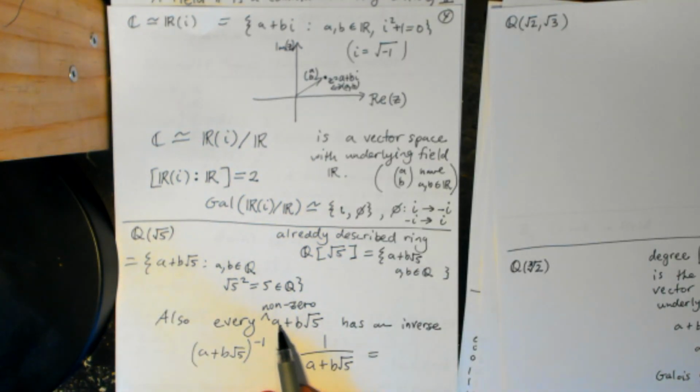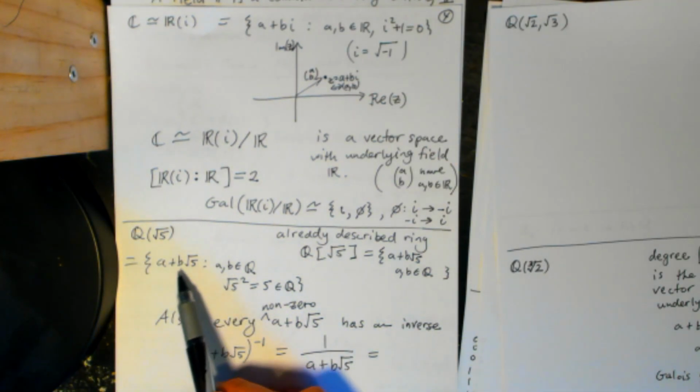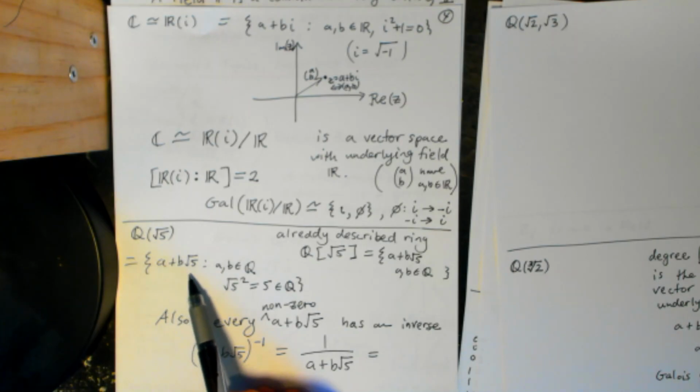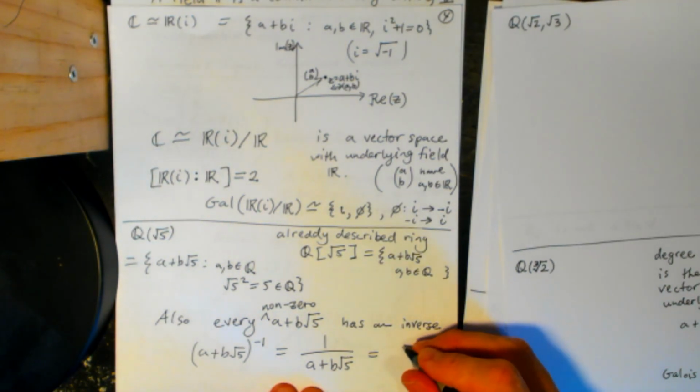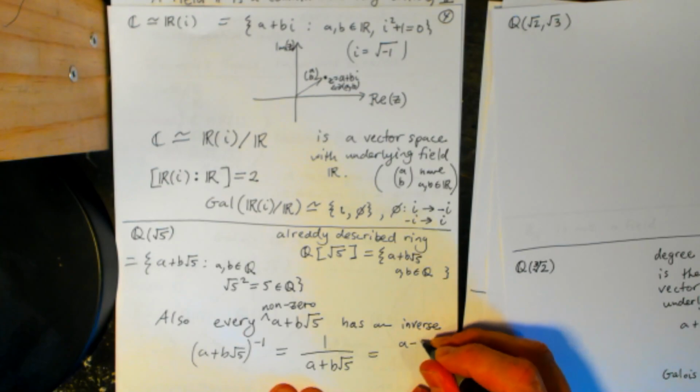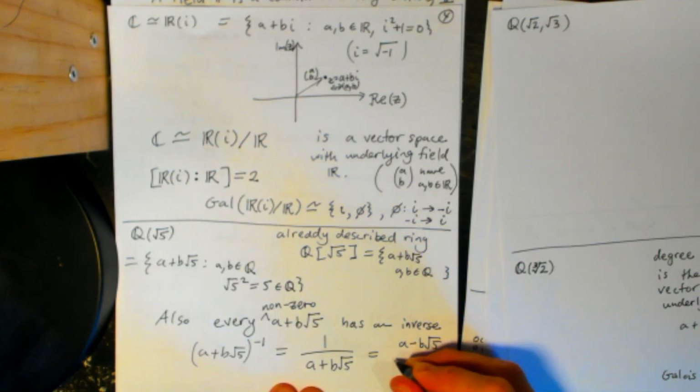Okay, every non-zero element, a plus b root 5, has an inverse of this form, and I'll just show you that it can be represented as a plus b root 5, where a and b are rational numbers, because what I can do is multiply on top and bottom by the algebraic conjugate, which is a minus b root 5. So multiplying top and bottom by a minus b root 5.